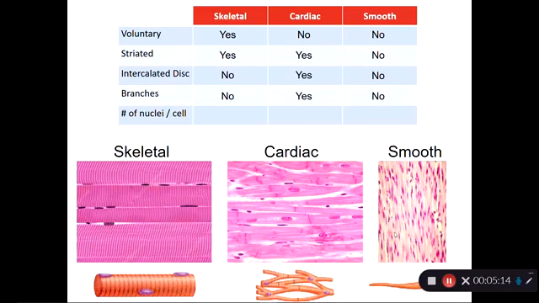Okay. Finally, the number of nuclei per cell. Let's take a look at skeletal. You'll see that skeletal muscle nuclei are really tucked off to the side. They don't really have space, so they're just stuck there. If you remember my comment earlier, skeletal muscles really are one continuous cell.